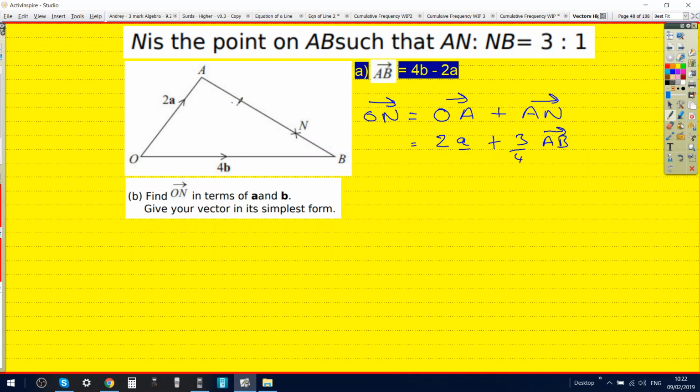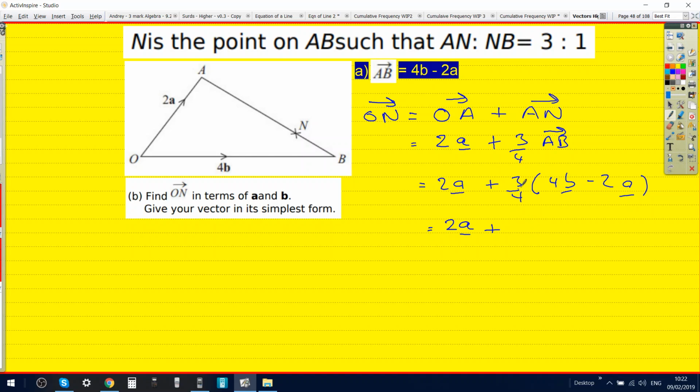Okay. So A to N is 3/4 of A to B, and previously we said A to B is 4B minus 2A. So we're kind of putting it into that B and A. Okay, try this. So would it be 2A plus 3/4 of 4B?